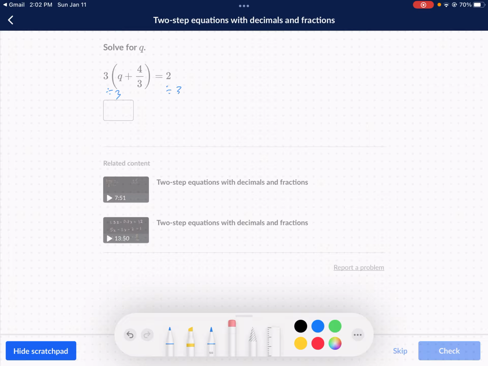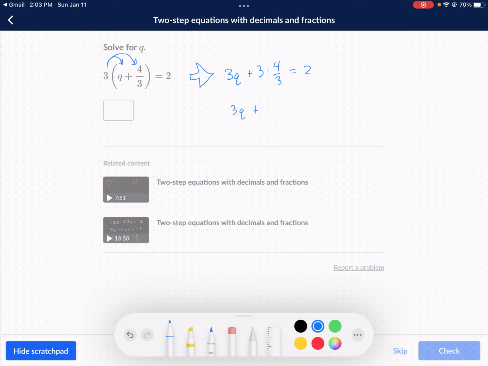Okay, and then go from there. Another way to do this problem, though, is to use the distributive property. If I have a number out in front, I can multiply by both things on the inside of the parentheses. So let me show you what that looks like. If I multiply it by the inside of the parentheses, I get 3 times q. That's equal to 3q. And then 3 times 4/3, and that equals 2. Well, let's simplify this further.